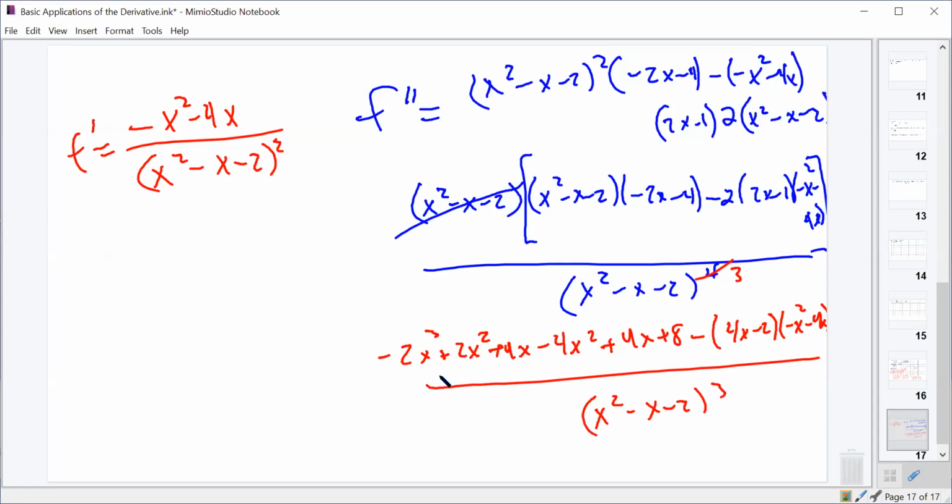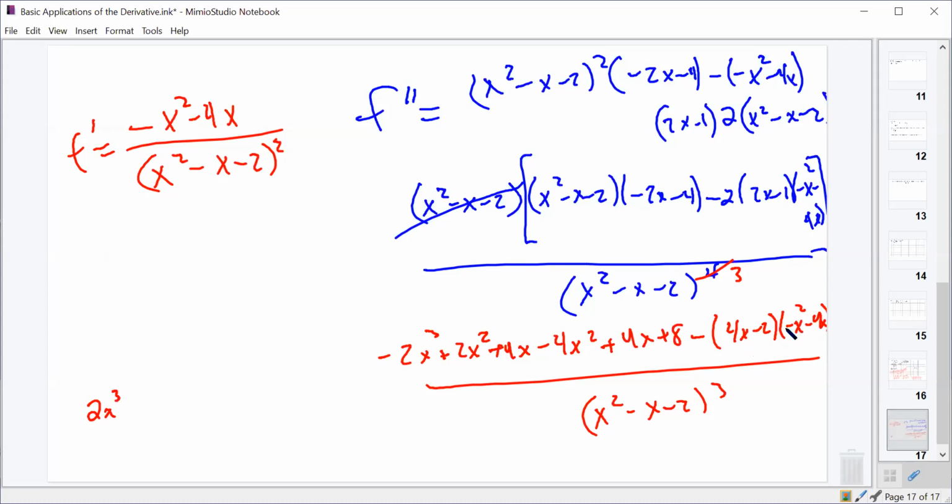And now we've got negative 2x cubed, and this is going to become a positive 4x cubed when I distribute that through. So that'll give us a 2x cubed. We're going to have a negative 4x times a negative 4x, which is a 16x squared, and then a minus 2x squared.